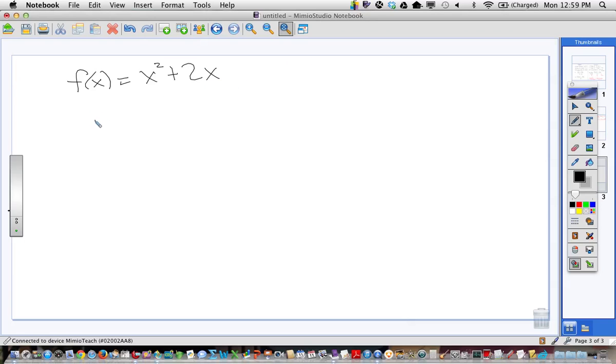If I said to estimate, this would be more of a chapter 1 kind of idea, estimate f prime of 2 with h equals 0.001.